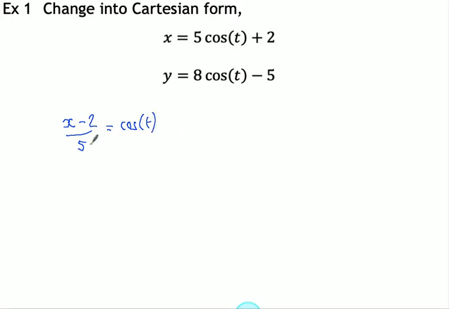So I've made the trig function the subject here for x, and I've made the trig function the subject for y. Now, since these are both equal to cos t, they must be equal to each other.